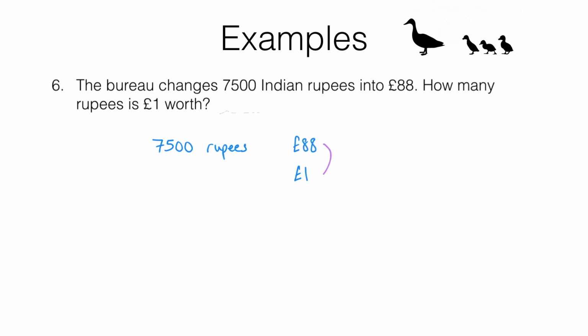Well, I need to divide by 88. £88 divided by 88 gets me to £1. That means I can do the same thing over here. If I divide 7,500 rupees by 88, I get 85 rupees and 23. That's rounded to 2 decimal places correctly. So working downwards in this case is much easier than trying to work across.